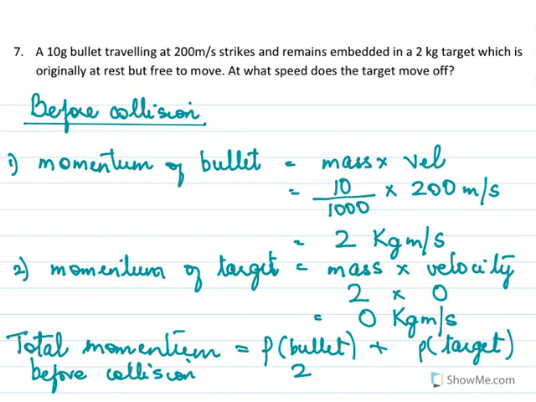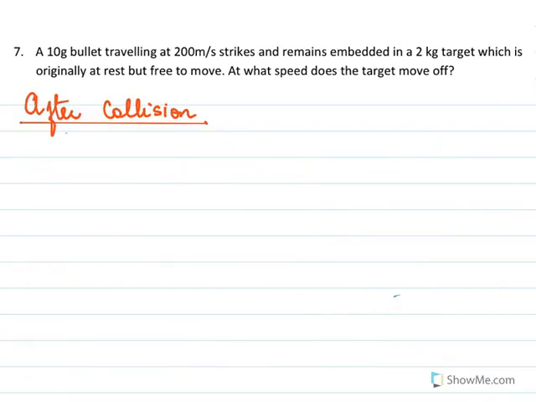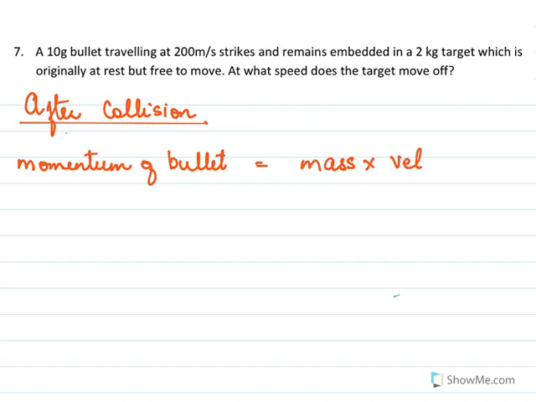Now momentum of bullet is 2 and of target is 0. So total momentum before impact is 2 kg meter per second. Now after collision, let's calculate the momentum of bullet after collision, which is mass into velocity.